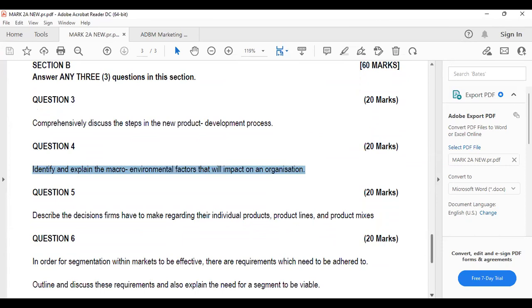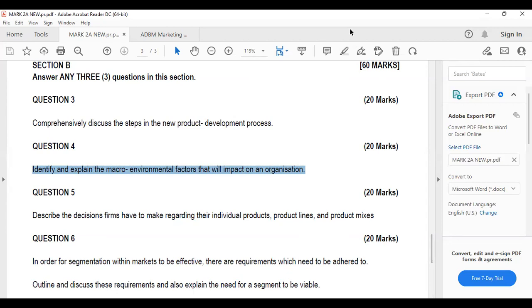You don't have to apply it to any case study or whatever. You are just discussing the steps of the new product development process. Remember, we spoke about those stages, the new product development process.